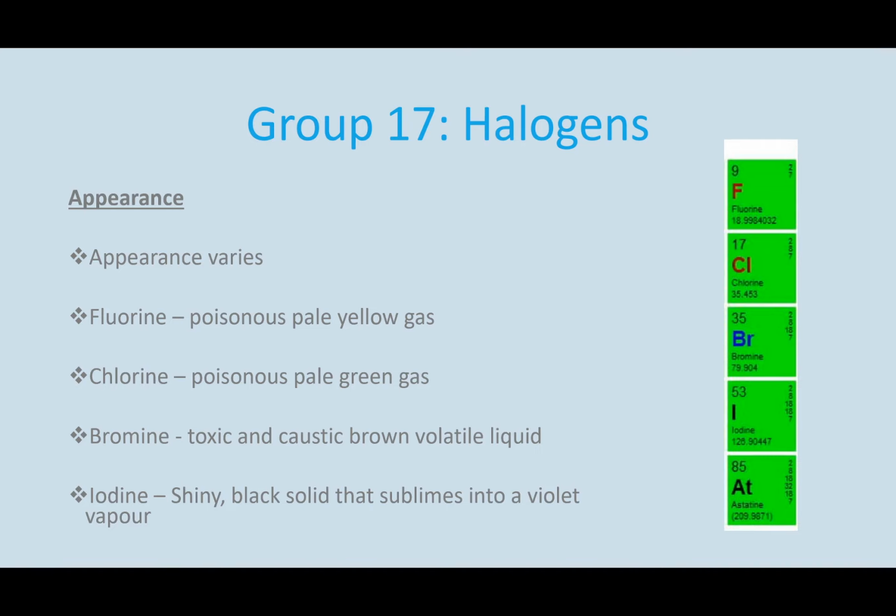And iodine is shiny, black, and solid. When it sublimes, it turns into a violet vapor. So 4 different elements, and they all have various appearances, whether it's a gas, a liquid, or a solid, and the colors vary as well. So appearance is not one of their common traits.